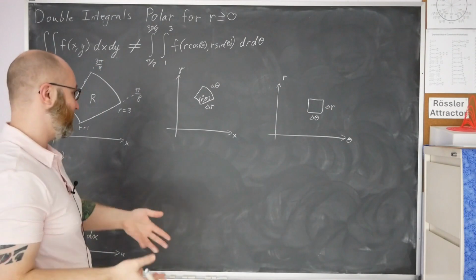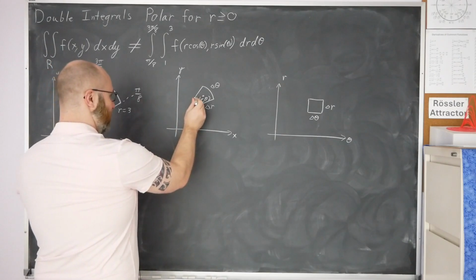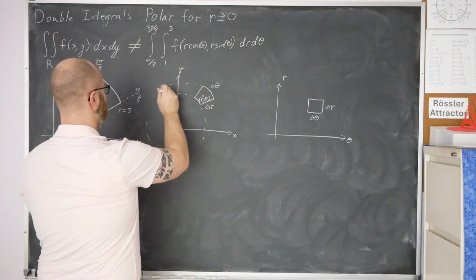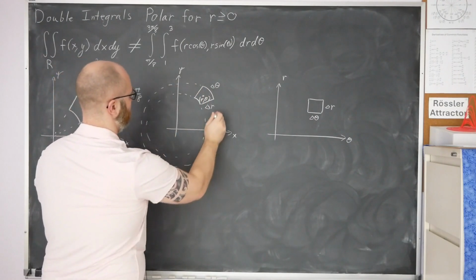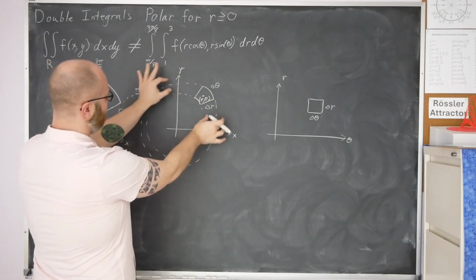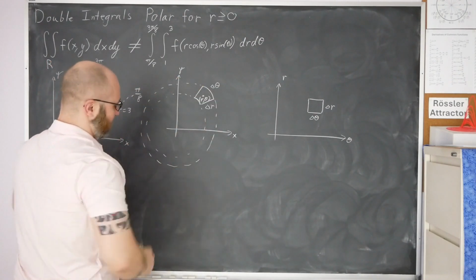Well, one way to do that is to calculate the area of the wedge. In here, this is a ring. It's a piece of a ring. So the first thing is, what's the area of the entire ring?